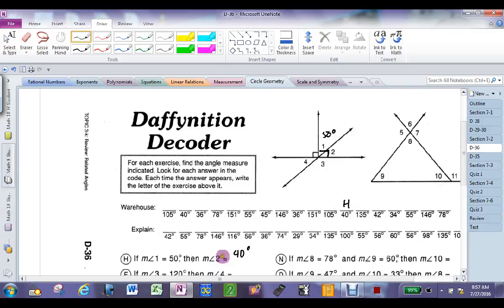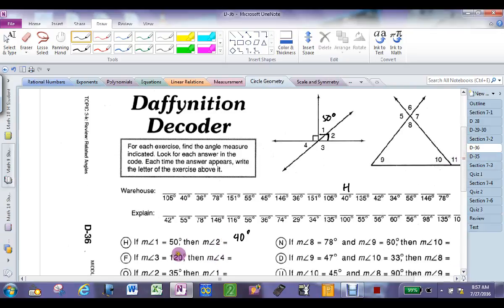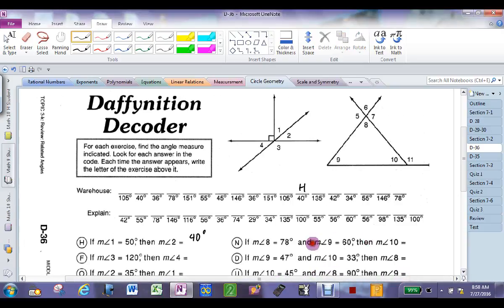Now in the next question, angle 3 is 120. So that changes. It's a new question. So this is done with. That info's gone. Everybody got it? Go over to the other side, and we'll do one over here. Angle 8 is 78. Angle 9 is 60.